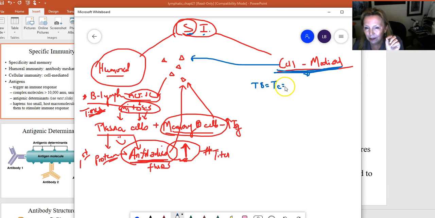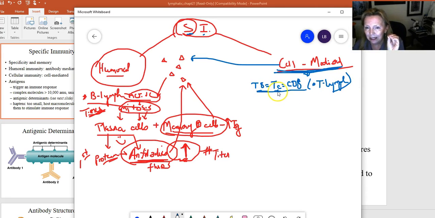But also, these cells on some reports are listed as CD8 cells. These are all the same thing. These are all a very special type of T lymphocyte.